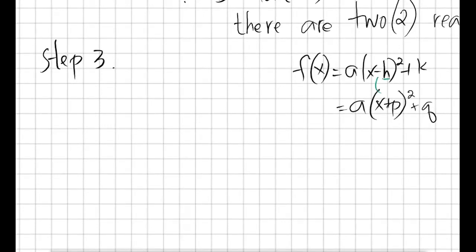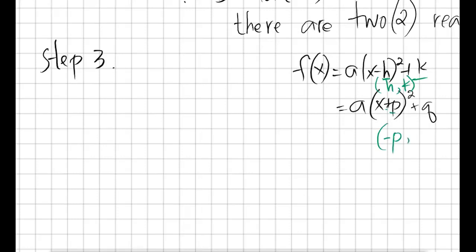This h is the first part of the vertex, and this k is the second part of the vertex. Here in this case, because it's x minus h, that means h is our x and our y is k. But in the second equation, since it's plus p, your x should be minus p.